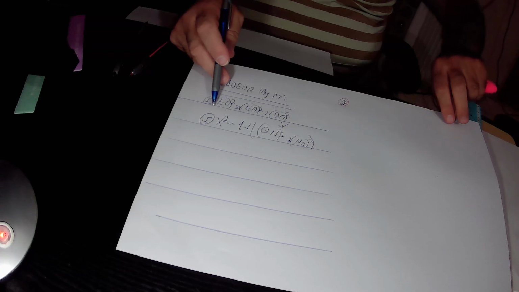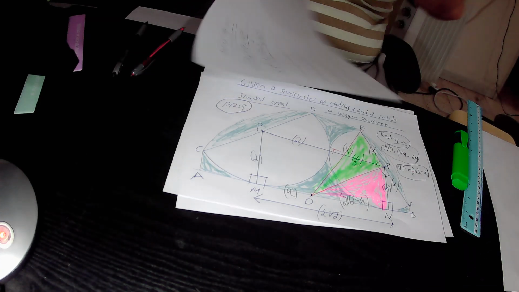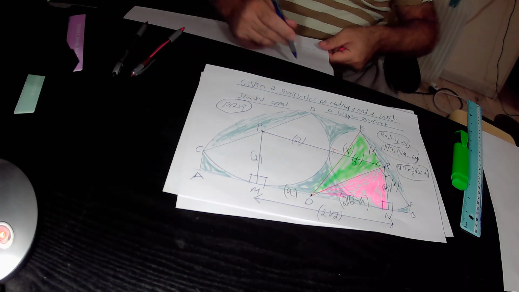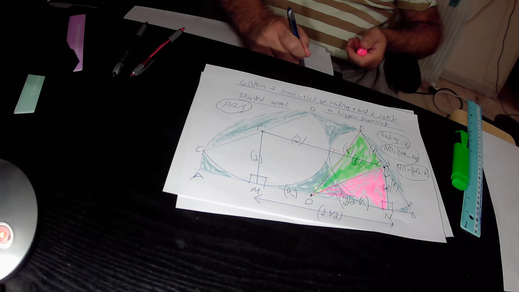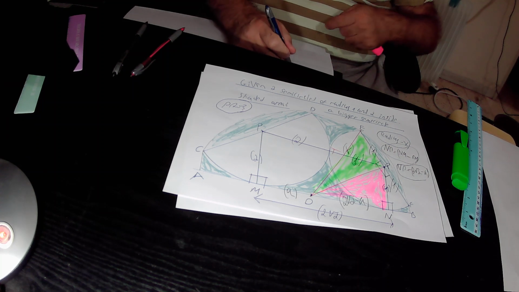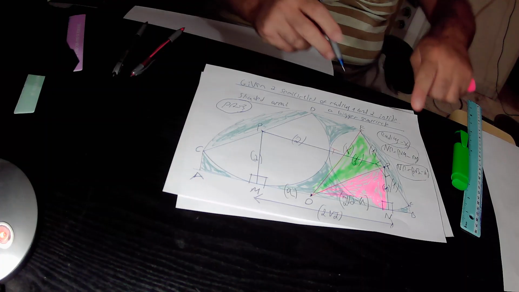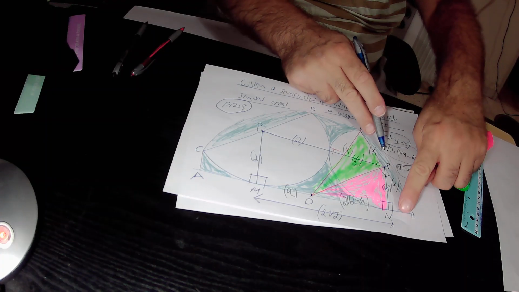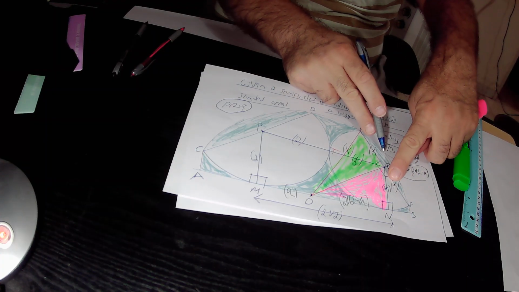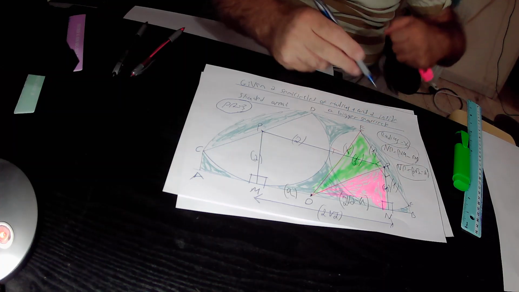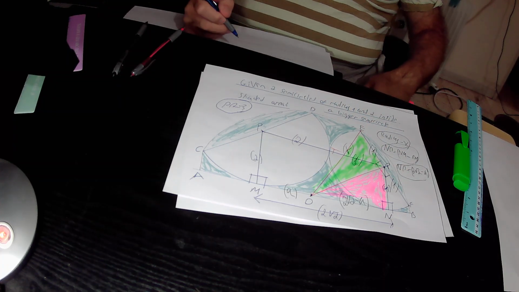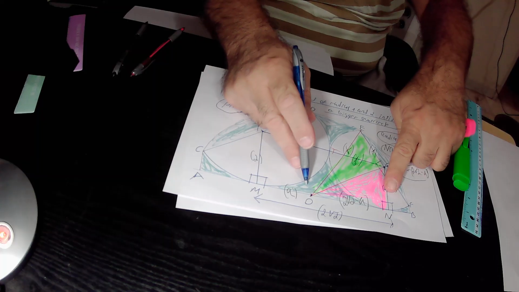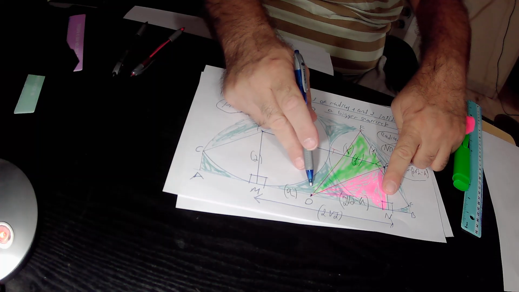So in total, we found out that x squared, according to equation 1, equals 1 plus NQ squared, or QN squared. QN is also 1, therefore QN squared is 1 squared, that is 1, plus NO squared.